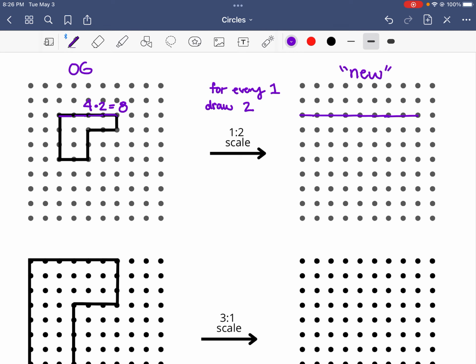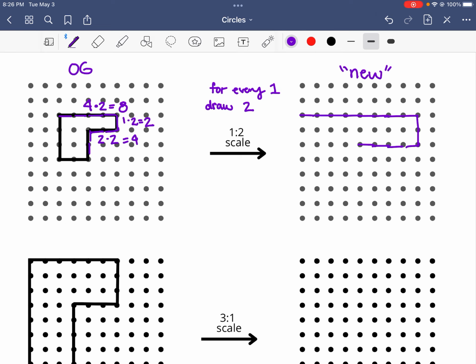Right here I went down 1. But for every one, I'm going to draw 2. So I'm basically doubling it. So I'm going to do 1 times 2 is 2. Right here, I went to the left 1, 2. But with my scale, I am doubling it. So that gives me 4. 1, 2, 3, and 4.